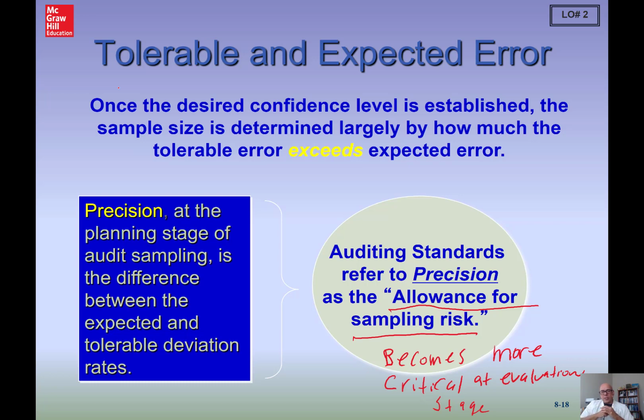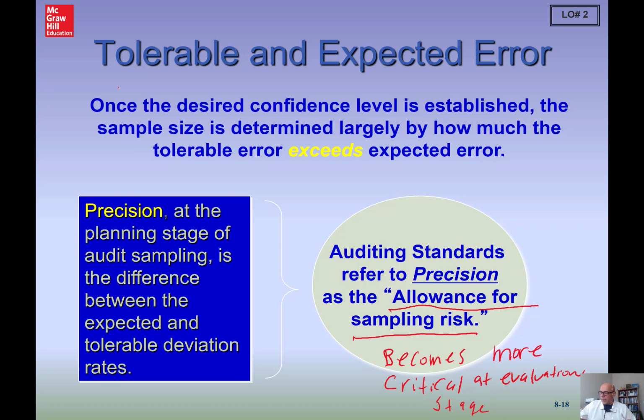Expected rate is based on past experience with our client, and expected rate versus tolerable rate is really not where I want us to focus our evaluation of tolerable rate. We're going to see later when we assess the results. We'll take that tolerable rate and compare it to the actual deviation rate, or something called the upper deviation rate to be more precise, and that'll allow us to see if we have met our objective of determining the control has operating effectiveness through our sampling.